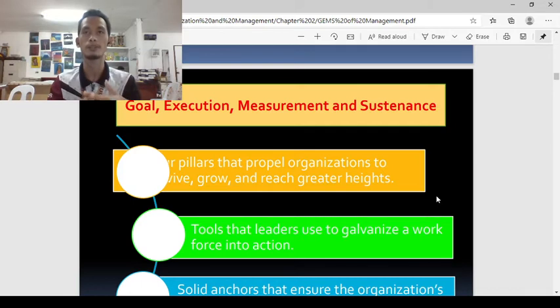From time to time there should be performance appraisal, measurement of results. And then there is a need also to sustain growth and operation in order to ensure that the goals are really attained, thereby ensuring that the organization can survive, grow, and reach greater heights.